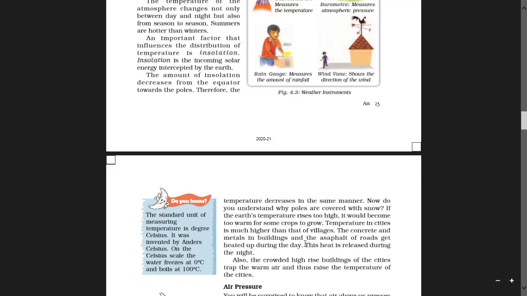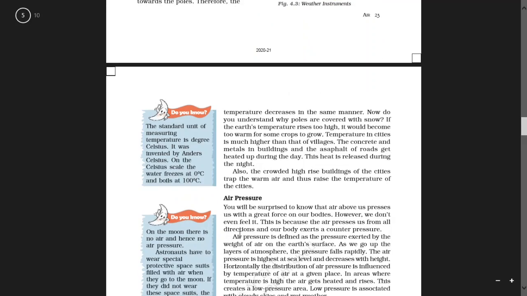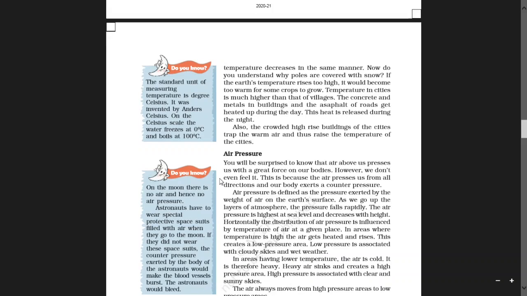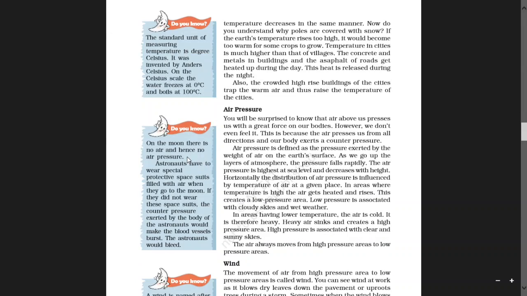The heat is released during the night. Also, the crowded high-rise buildings of the cities trap the warm air, and in this way it raises the temperature of the cities.